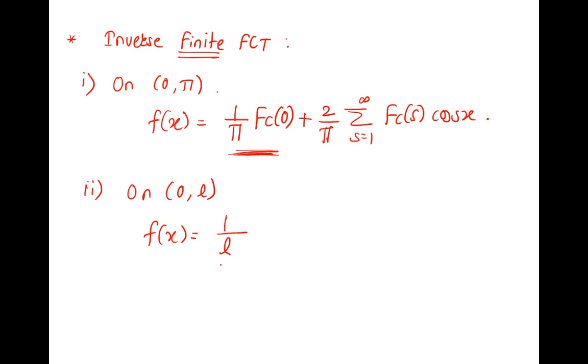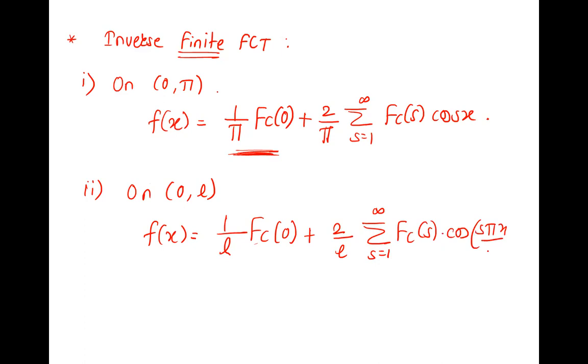And the term is also here in 0 to L, that is 1 upon L. In 0 to pi, that is 1 upon pi, but in 0 to L, it is 1 upon L, fc 0 plus 2 by L summation, s equal to 1 to infinity, fcs cos s pi x upon L.